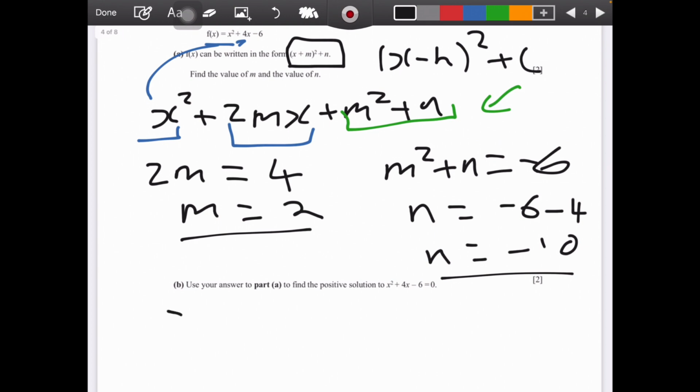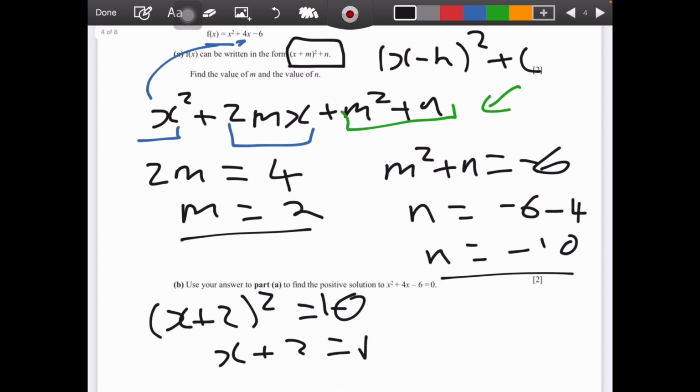So we could say (x plus 2) squared is equal to, well, n is negative 10, so it would be 10. x plus 2 is equal to the square root of 10, and x is therefore equal to root 10 minus 2.